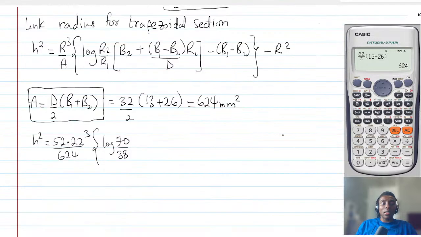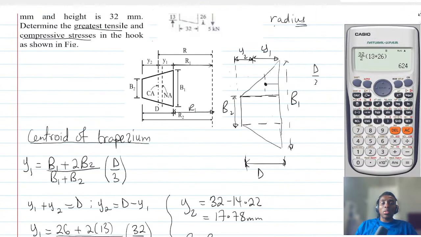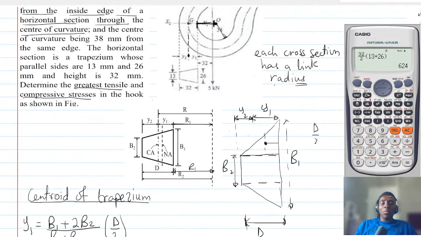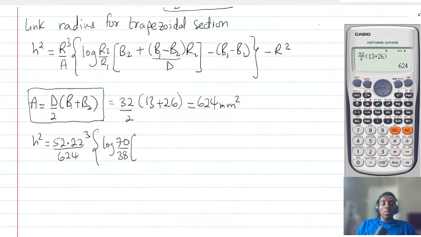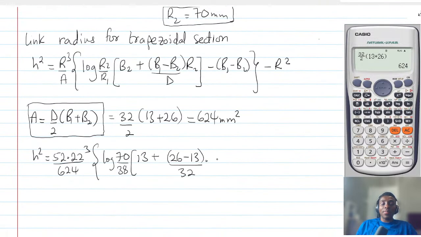R1 is 38, yes. Then the bracket will come, b2. So b2 is 13, plus b1, which is 26, minus b2, which is 13, divided by d, which is 32, multiplied by r2. R2 is 70.